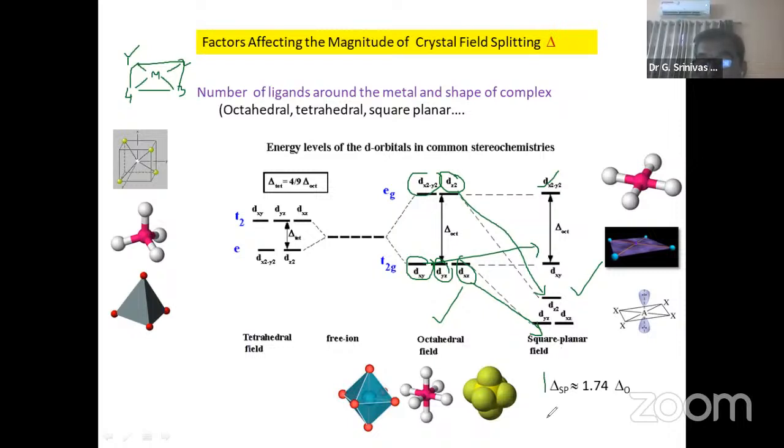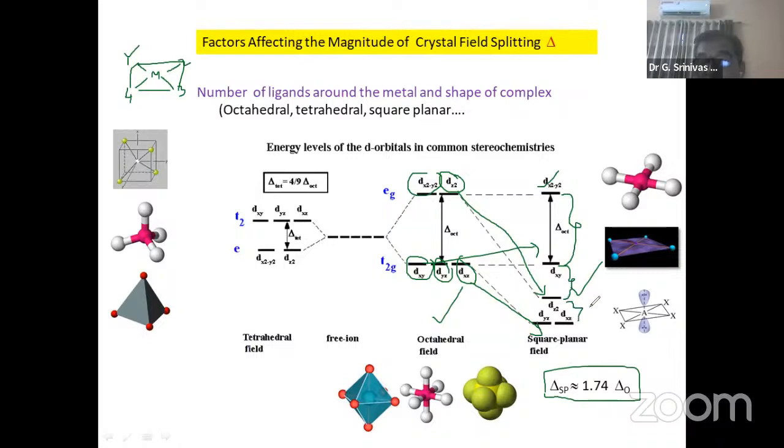So for square planar, delta SP is equal to 1.74 delta O. The splitting is very high. Here the energy gap is there between dx square minus y square and dxy, dxy and dxz, and dxz and dyz.